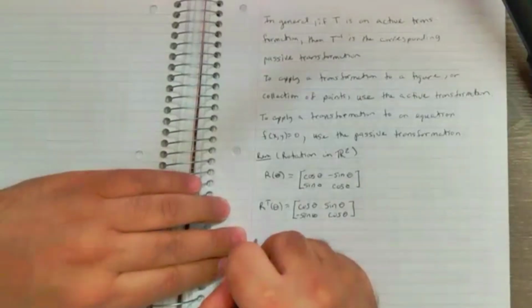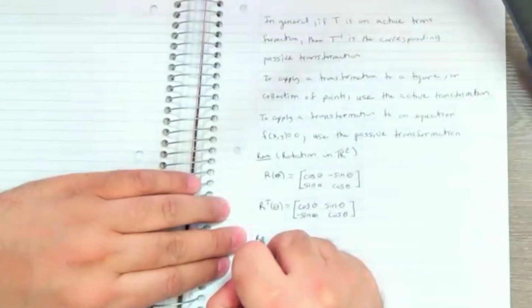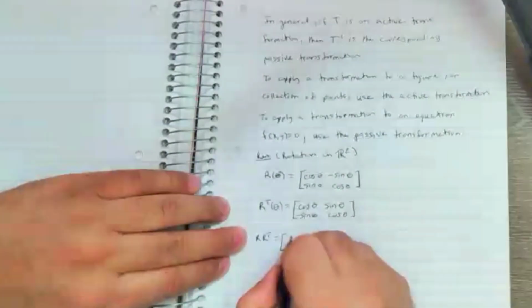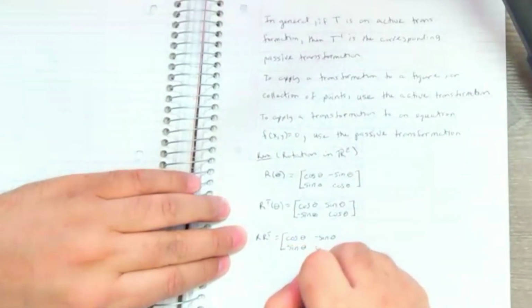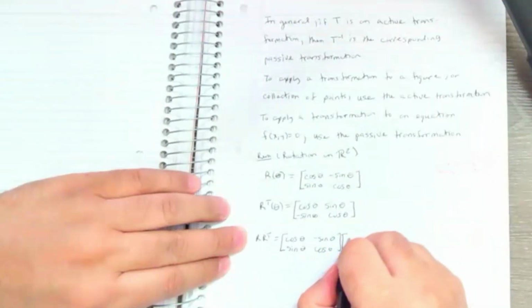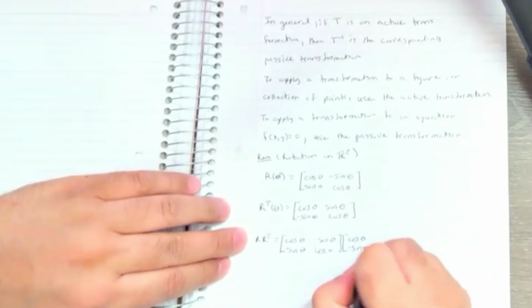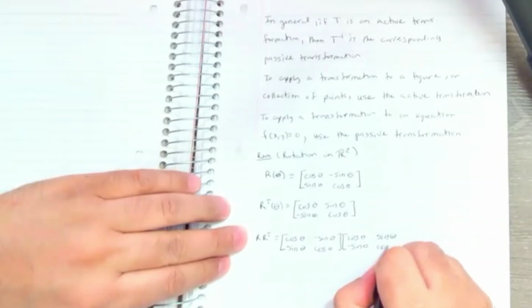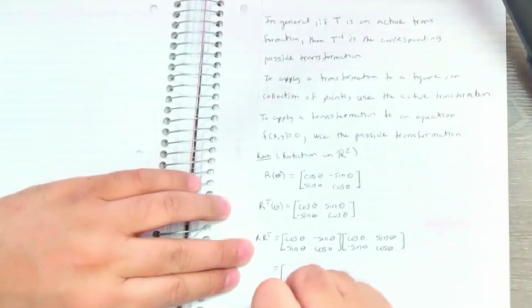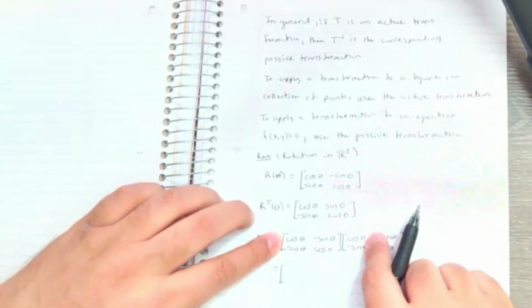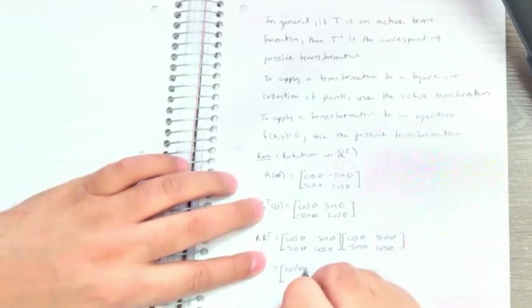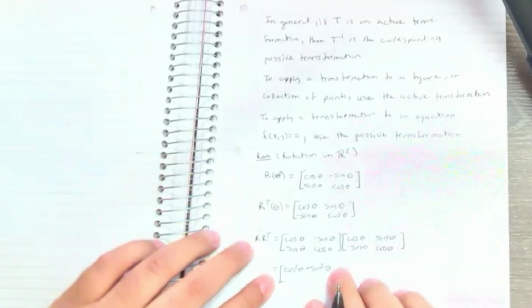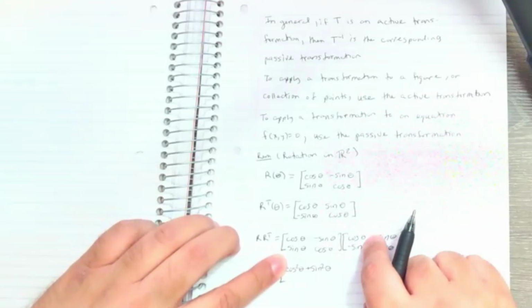So let's now multiply R by R transpose. So we have cosine squared theta plus sine squared theta, sine theta times cosine theta minus sine theta times cosine theta.